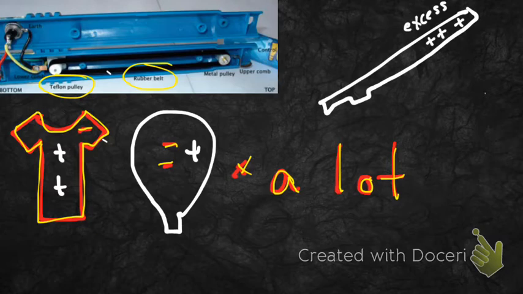If you think of the way this rubber belt is going over the Teflon pulley, it's like rubbing a balloon on a shirt many, many times. Therefore, just like the balloon is left with an excess negative charge, with the shirt being left with an excess positive charge, in that same way, the fun fly stick is left with an excess positive charge.